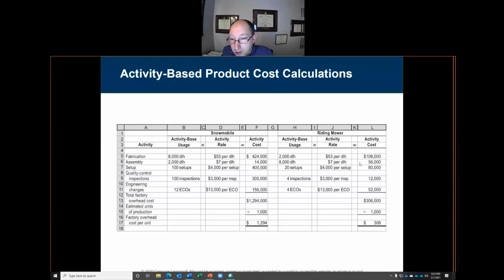You get all those costs: 106,000, 56, 80, 12, 52. You add them all up. Total factory overhead cost for the lawnmowers is 306,000. You divide by 1,000 lawnmowers we expect to create in a year. Gets us to $306 of factory overhead per riding lawnmower.